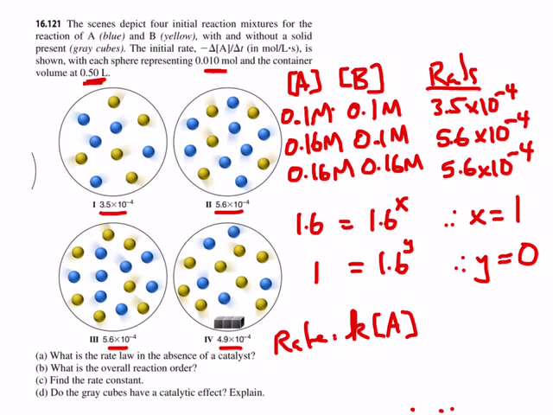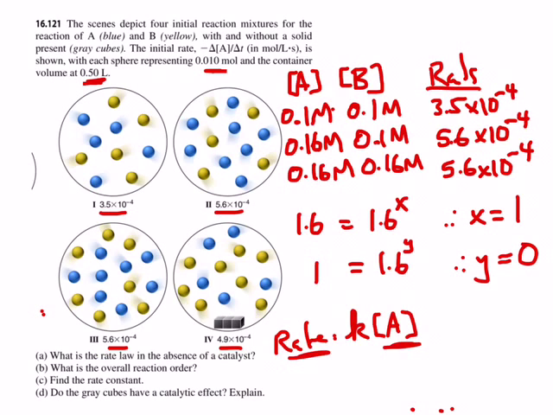Seconds. So it was moles per liter per second in the rates. So the rate constant there would be 3.5 times 10 to the minus 3 per second. Okay, so I just took the rate in trial 1, I divided by the concentration of A in trial 1. You could do that theoretically for any of the trials and you should get the same answer.